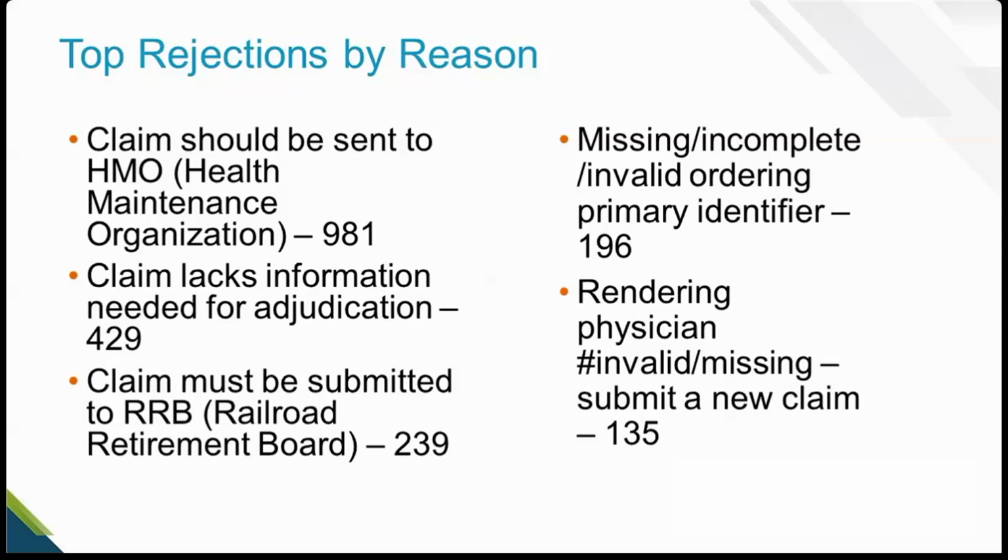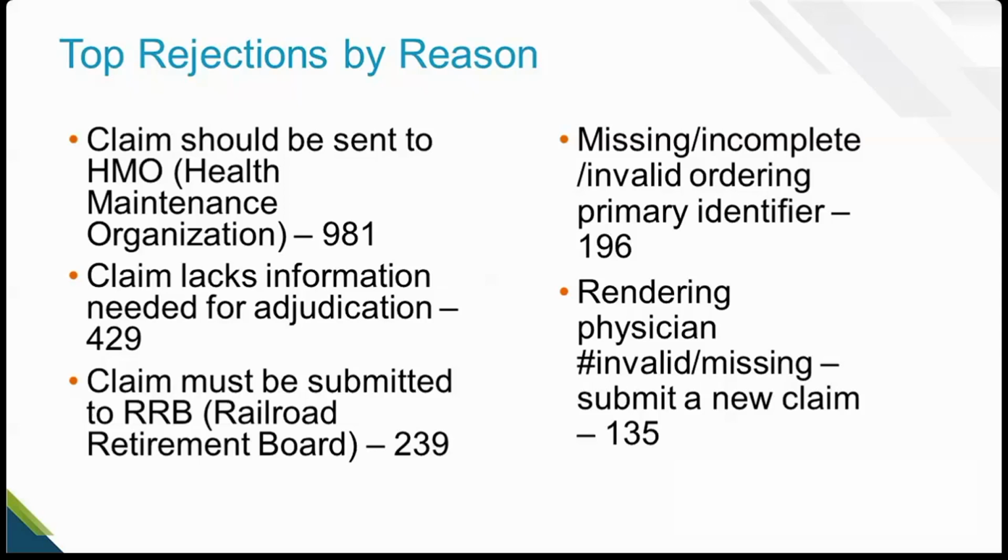Next, 196 rejections, missing or incomplete or invalid ordering primary identifier. So the provider number, maybe it was transposed. Maybe an incorrect number was used. Those would be the types of things that you would want to look for here to avoid this rejection.